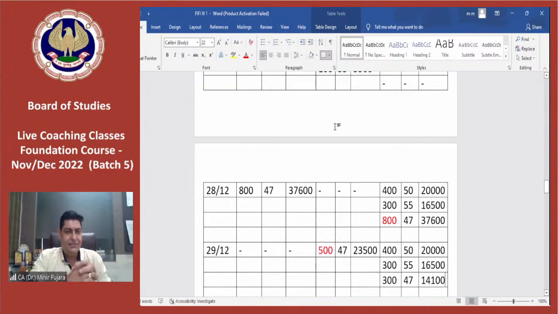Done, friends? So whatever total of these three, whatever total of these three will be your total closing stock, right, guys?